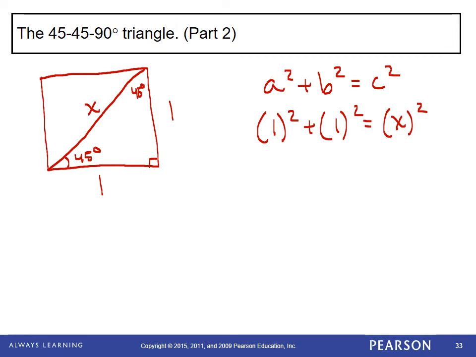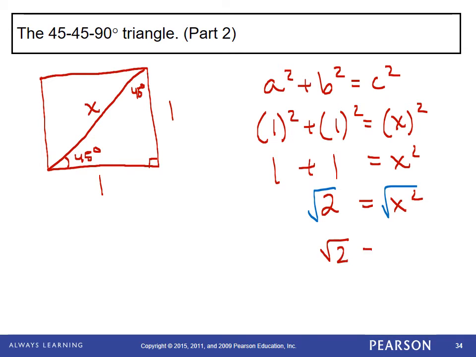So 1 plus 1 is equal to x squared. So 2 is equal to x squared. Again, let's take the square root here, the square root there, and we get the square root of 2 is equal to x, and then we don't really like to have it that way. We like to turn it around. So x is equal to square root of 2.